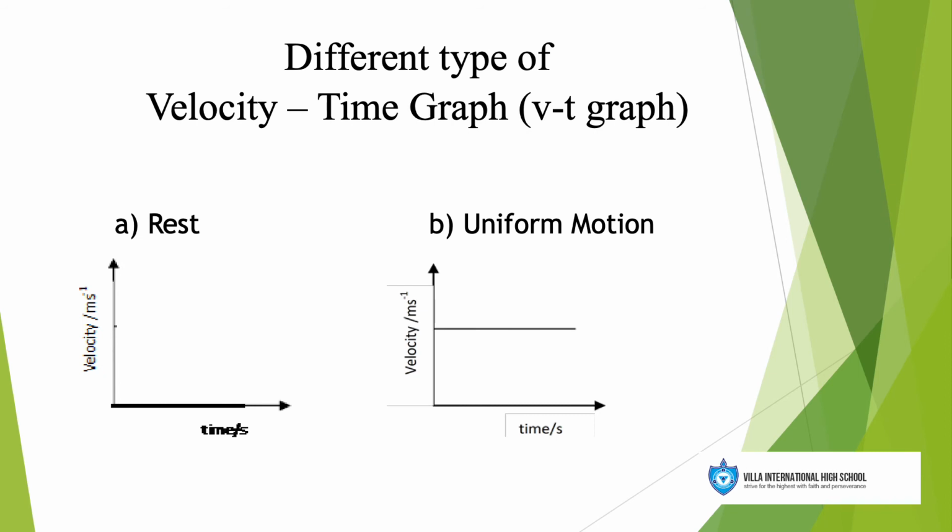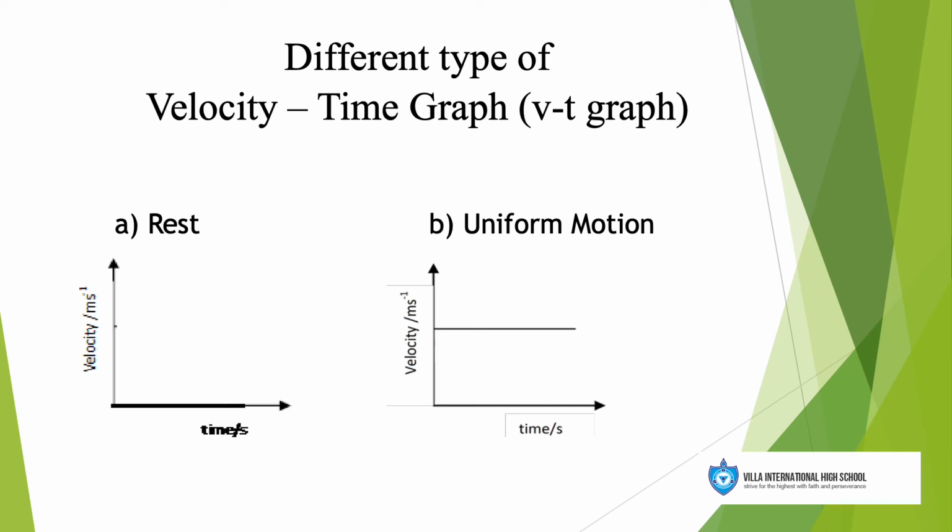Now, the first graph represents rest. How can we say that the graph represents rest? We can see the graph is drawn on the x-axis, which means that velocity is equal to 0.